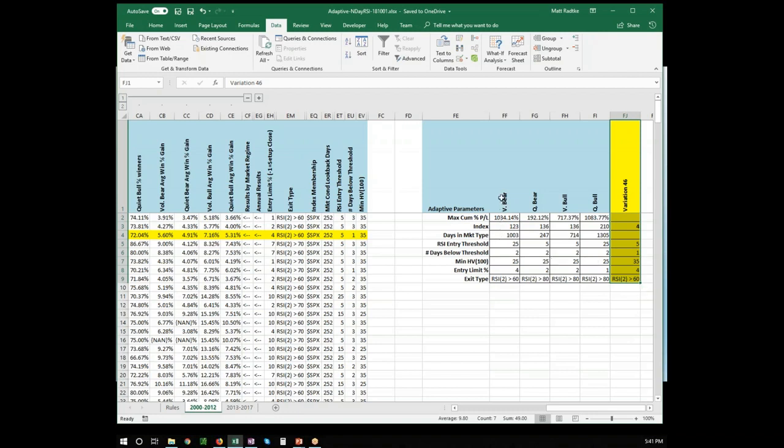But for each of these other markets, so for the volatile bear, quiet bear, volatile bull, and quiet bull, I first looked for the maximum cumulative percent P&L, which is just the average P&L times the number of trades.